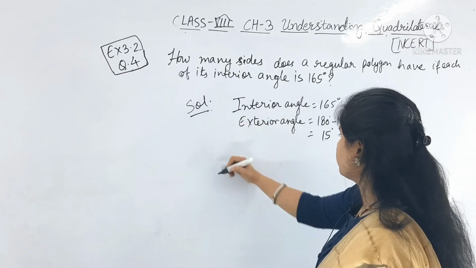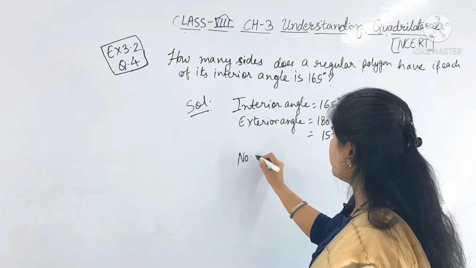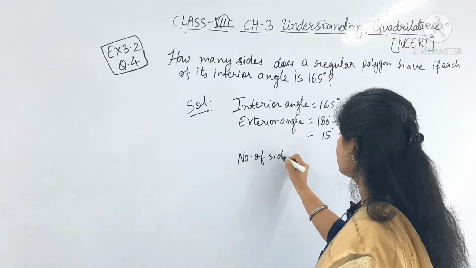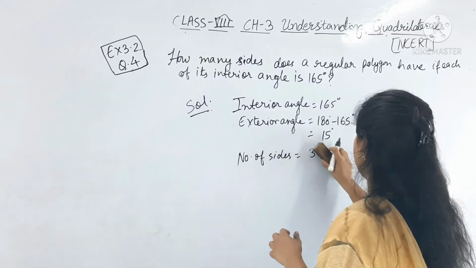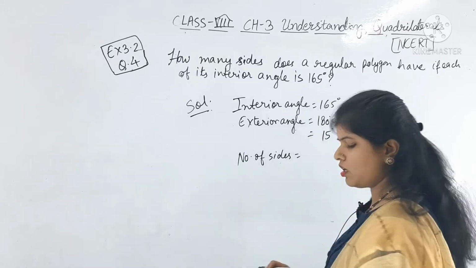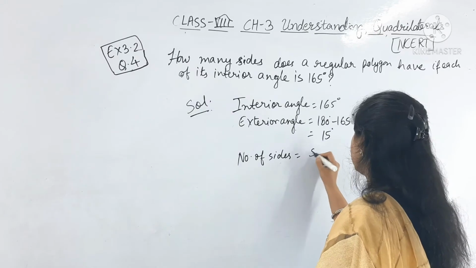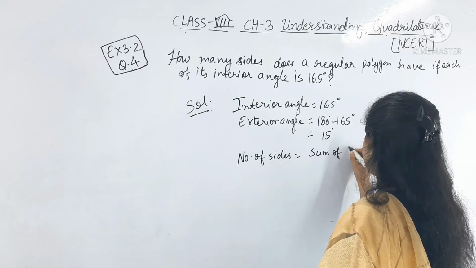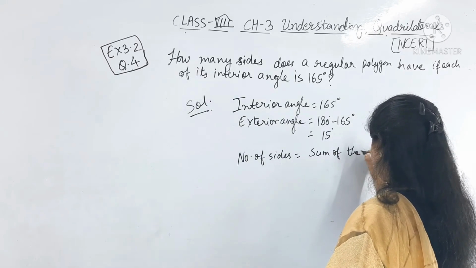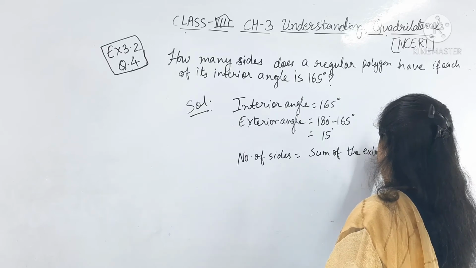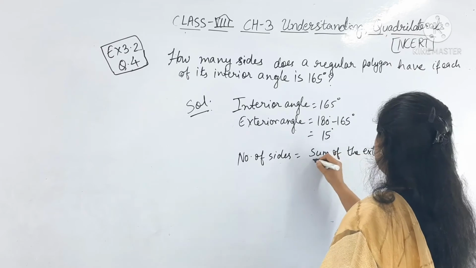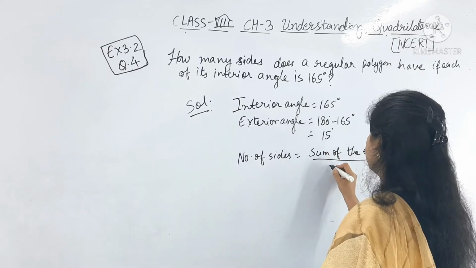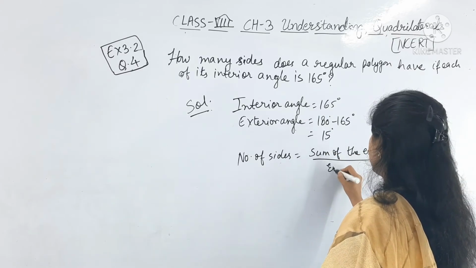So number of sides is equal to 360. I will write the formula first, then only we have to put the values. Sum of the exterior angles of a polygon divided by exterior angle.